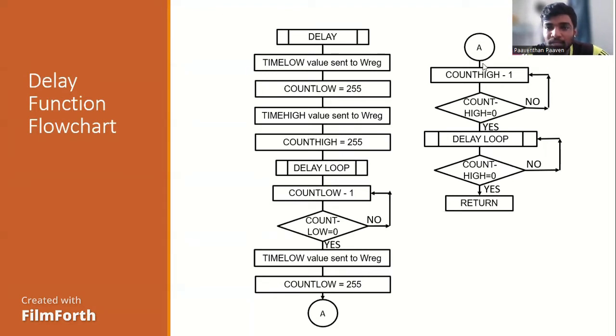Then count high is decremented by 1. If count high is not 0, we turn back to count high 1. If it is 0, then delay loop, count high 0. If it is not 0, it will return back to the delay loop, and if yes, it returns to delay.